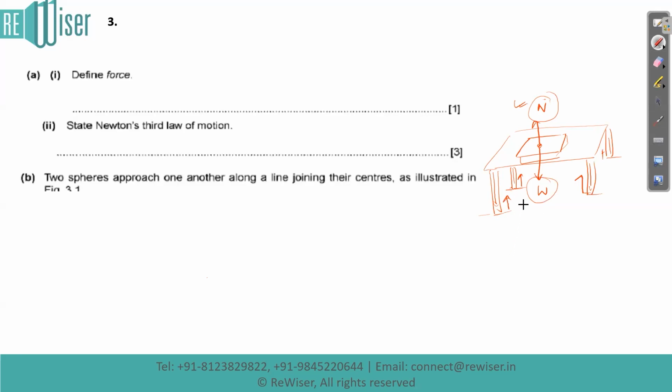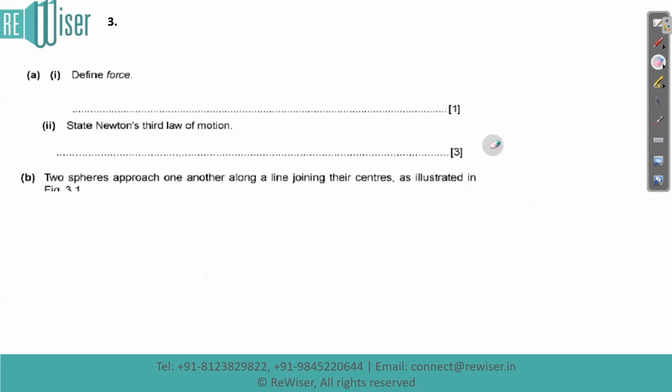Every action has equal and opposite reaction. That's why the book doesn't break the table and go down, because the forces are balanced here.